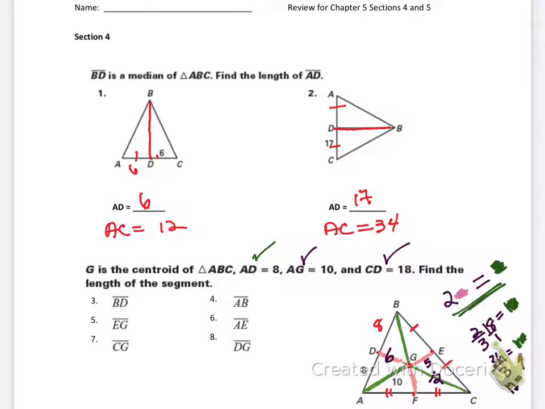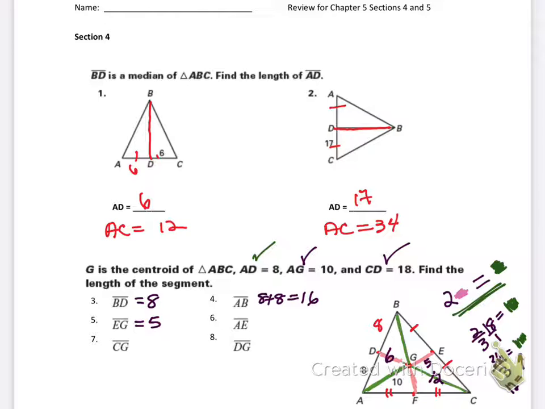So that takes care of writing in all the information that I know. So now I need to find the length of the following segments. This should be much easier now that I've done this other work. Okay, so they want me to find BD, and I can look right on the figure, and I already have an 8 there. Okay, AB has to be 8 plus 8, which equals 16. EG was the smaller segment I found.